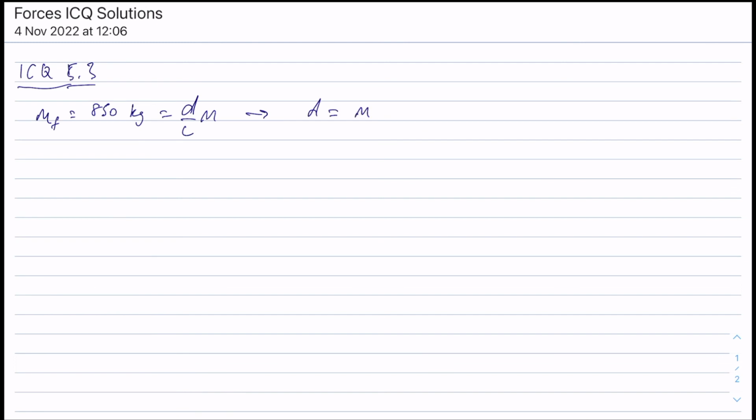It's going to be MF times by L divided by M. So that's going to be 850 times by 2.8 divided by 1,800.